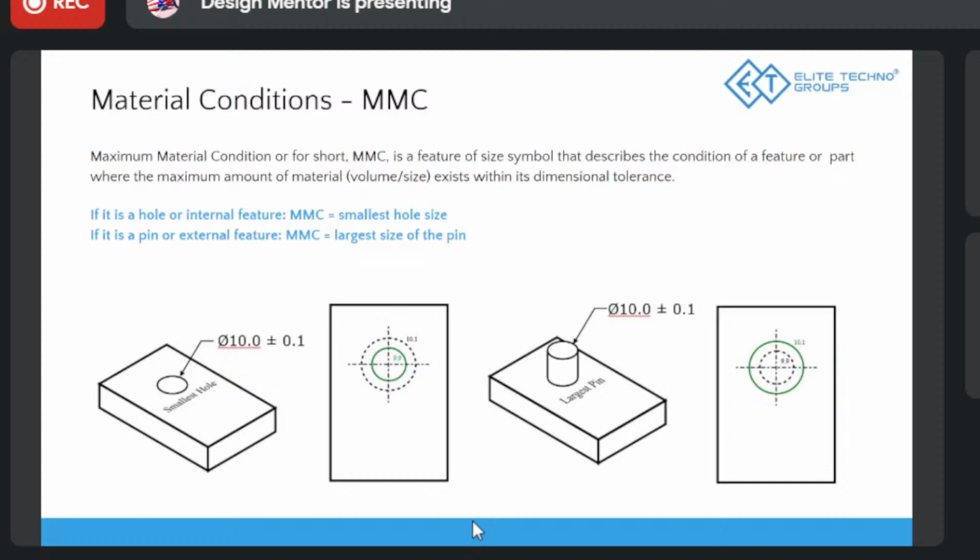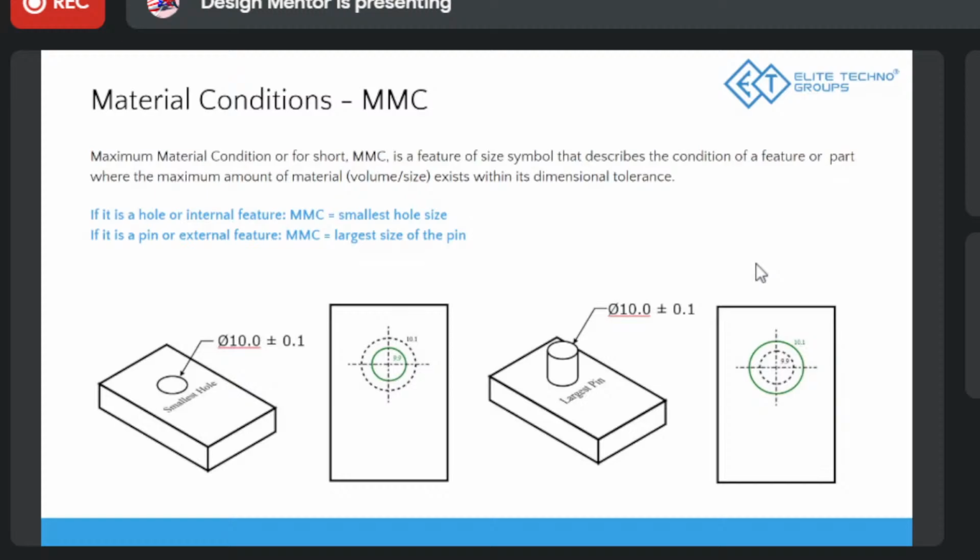Yeah. So let's take an example. Ignore the dimensions given there, right? Let's take a shaft of 10 mm, and I'm saying the tolerance given with it is plus minus 1 mm. So the shaft can be manufactured at 9 mm as well, because 10 minus 1 is 9. It can be near about 10 mm, or it can be near about 11 mm.